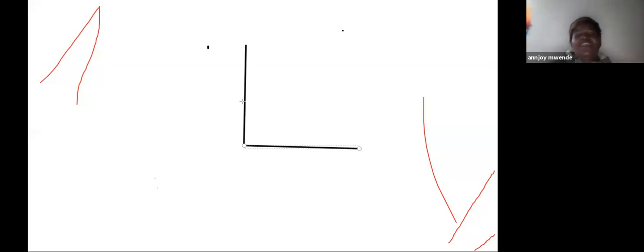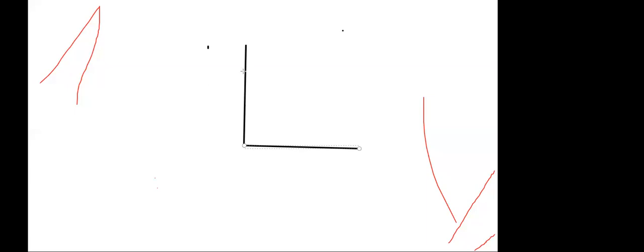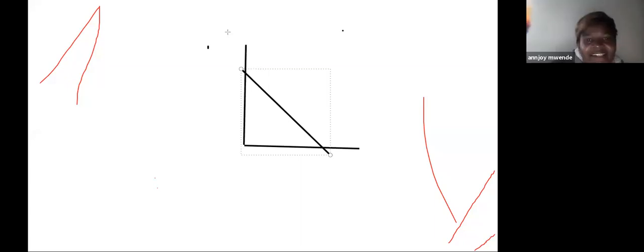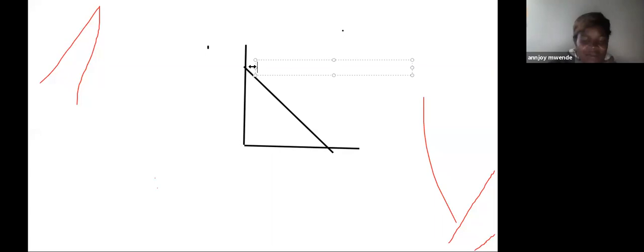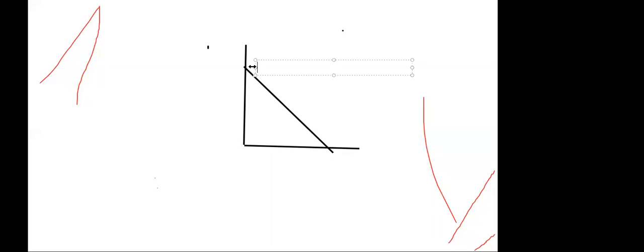Then I have the y-intercept and the x-intercept. This one is the y-axis, the y-intercept.